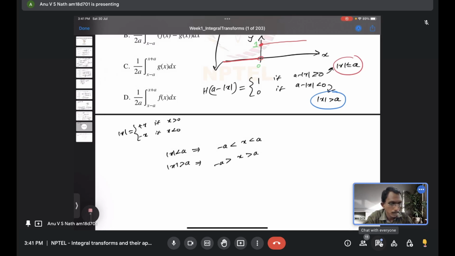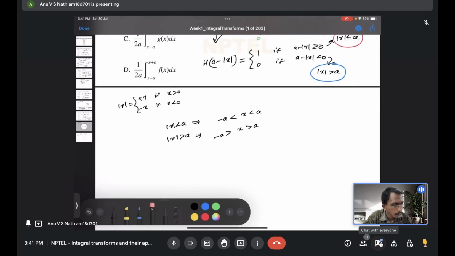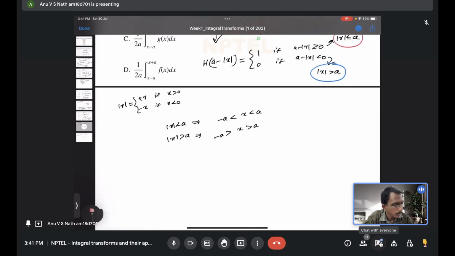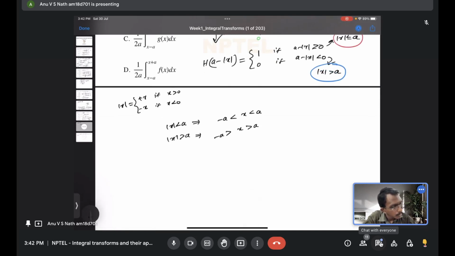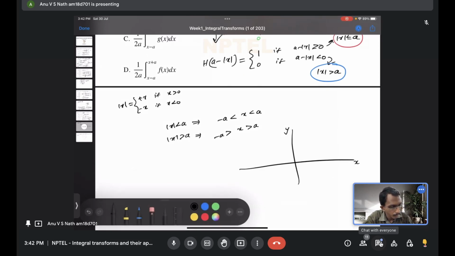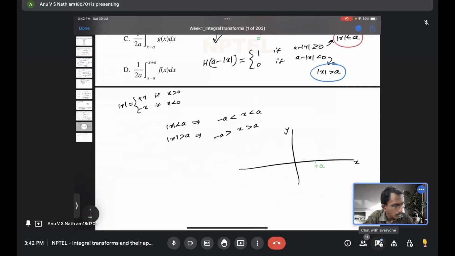So in the xy axis, if I want to plot them, assume some positive a value. Let's say we have a here, and correspondingly minus a will be symmetrically in the opposite location.